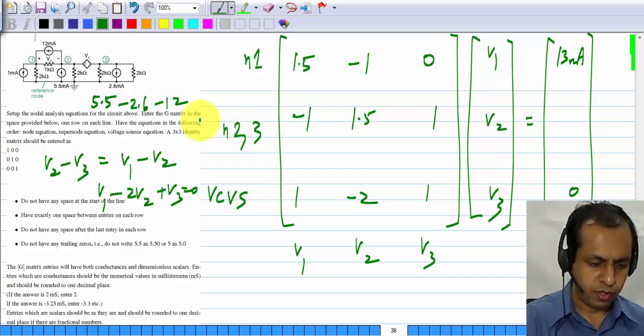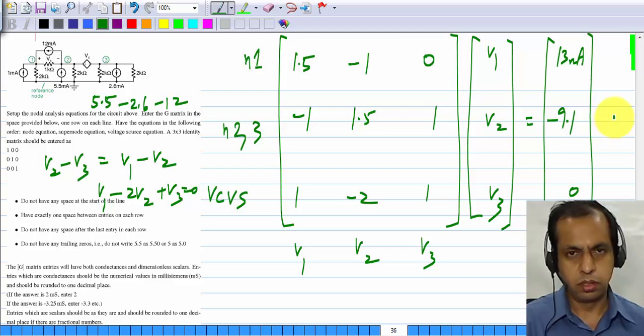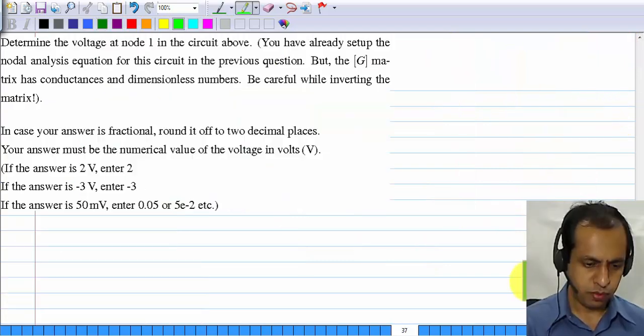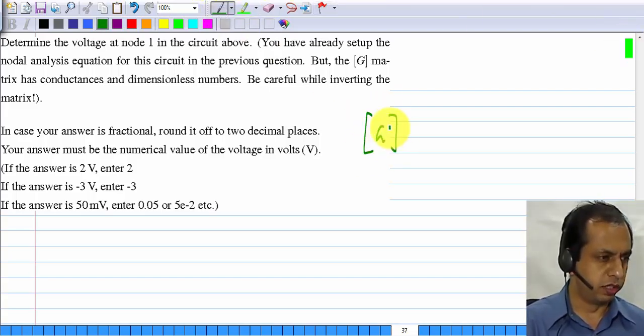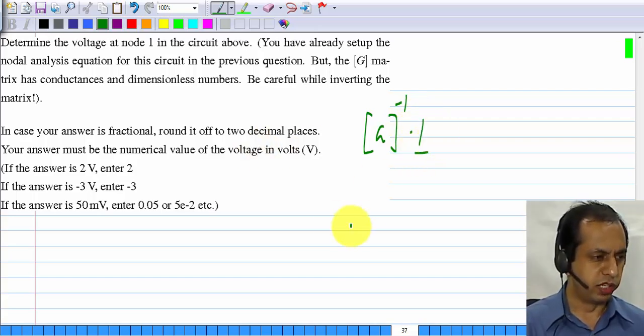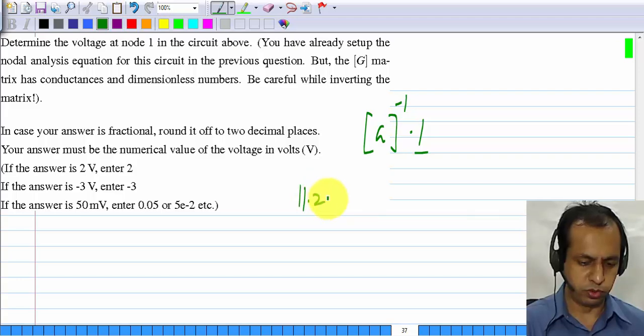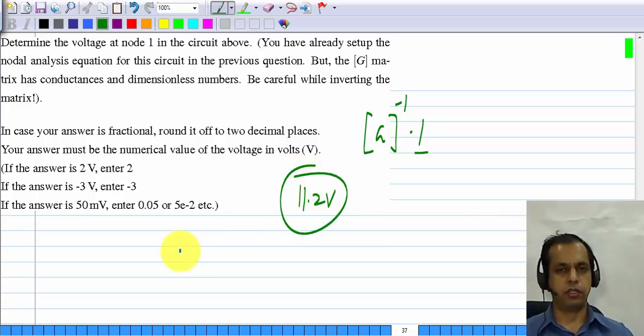Okay, and this corresponds to minus 9.1 milliamperes. Okay. The last question is to determine the voltage at node 1. So again, you invert the G matrix and multiply the source vector with it, and you will find that the voltage at node 1 is 11.2 volts. Okay. So that brings us to the end of fourth assignment.